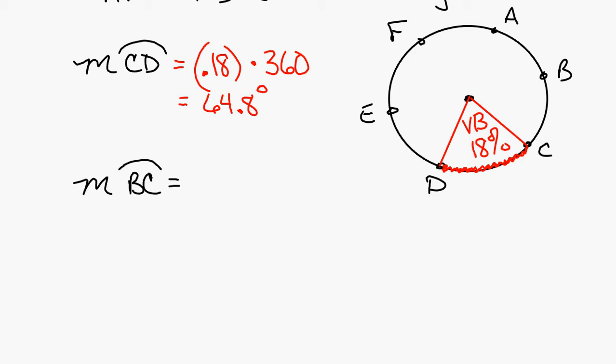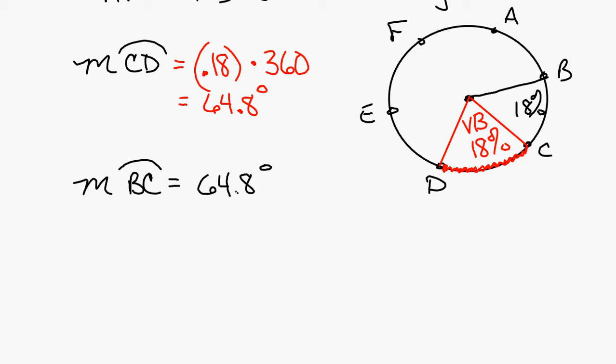That's track and field. That's 18% again. So you don't do anything different. The measure of arc BC is also 64.8 degrees.